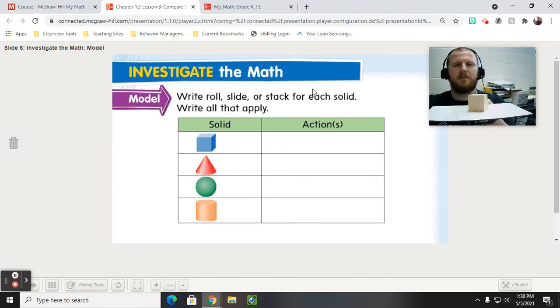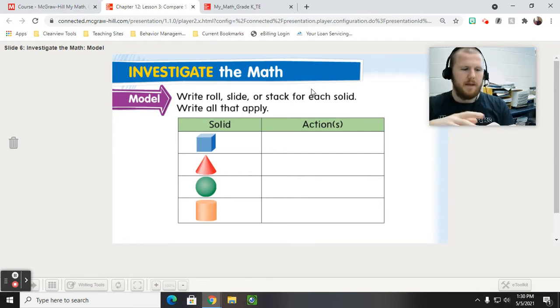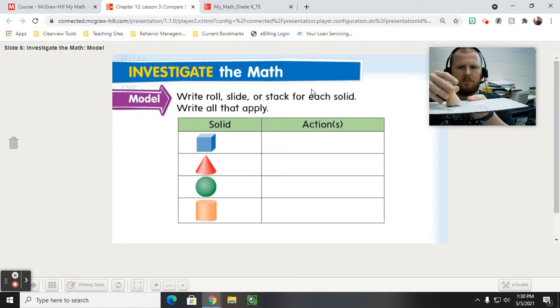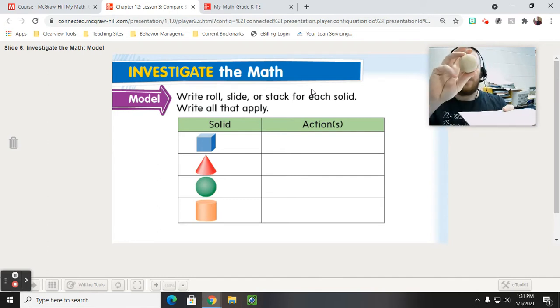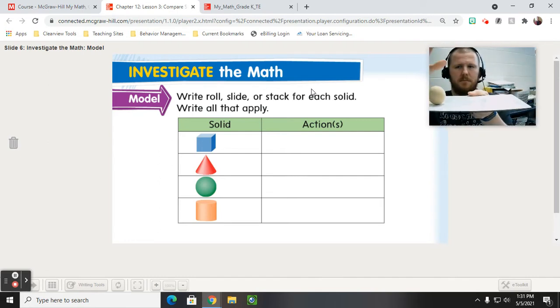No, it just stops. I wouldn't say it rolls, it doesn't roll. Let's try the cone. Okay, it doesn't roll that way, but if I do this, it rolls this way. So it rolls when it's laying down like this. Sphere.